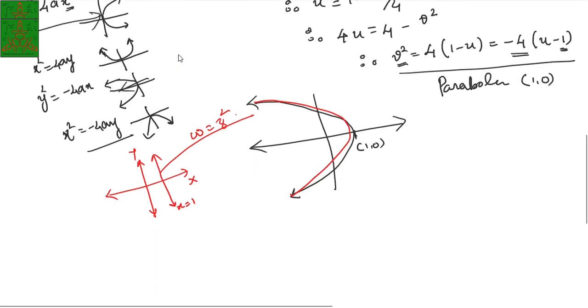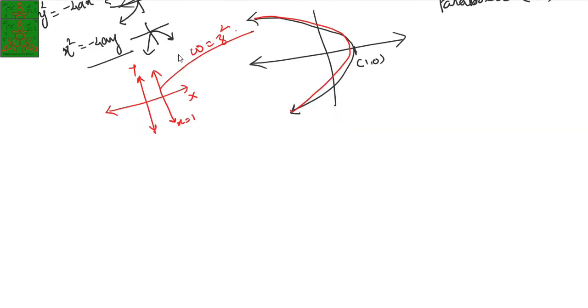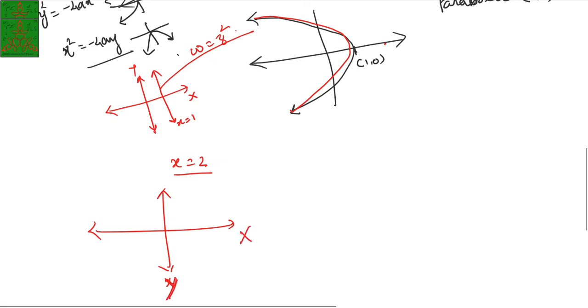Now in the same manner, if I consider the line x equal to 2, then what will be the parabola you will have? Then you will have this parabola passing here. So let us try to draw this figure also. So this is your y-axis and x-axis, and this is your line x equal to 2.